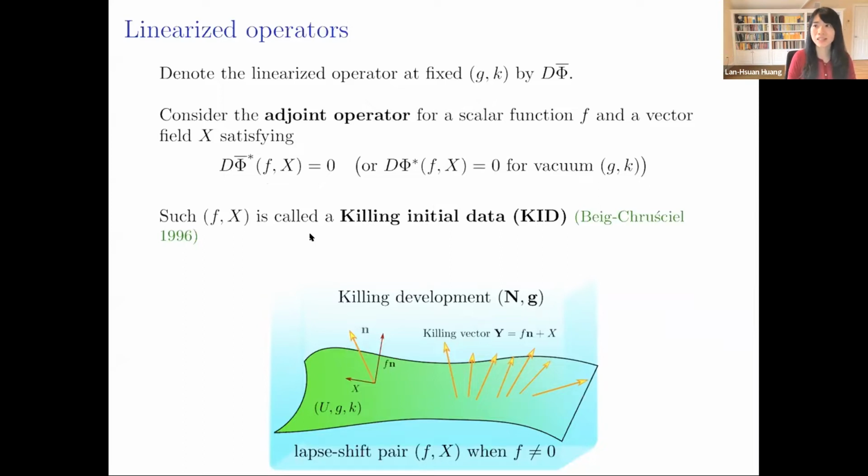Because it does give you a spacetime Killing vector field. What they discovered is you can use this, the so-called lapse and shift, f and X. In the case when f is not 0, you can use it together with the initial data to construct a Lorentzian spacetime, which is called the Killing development. And in that Killing development, you write down a vector field using f and X, and it will be a Killing vector.